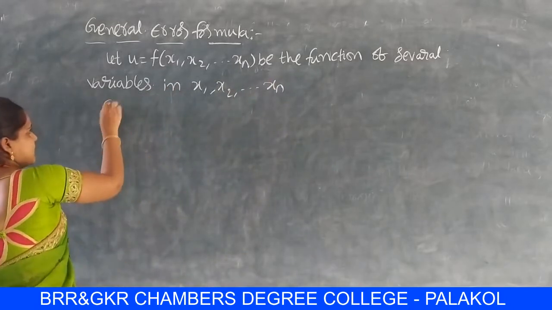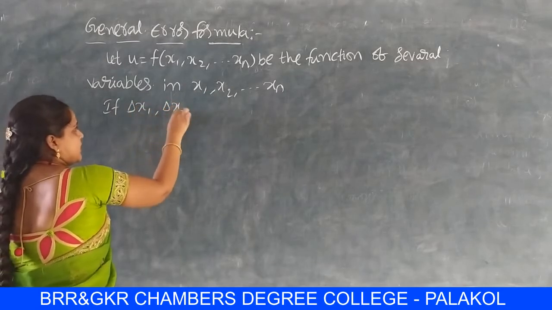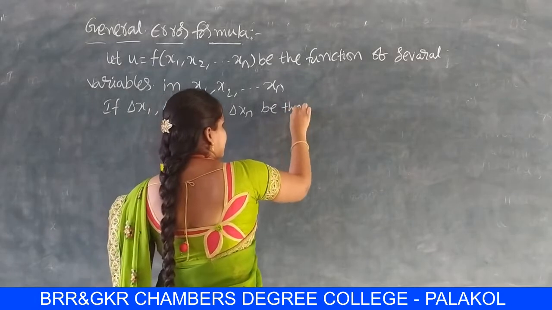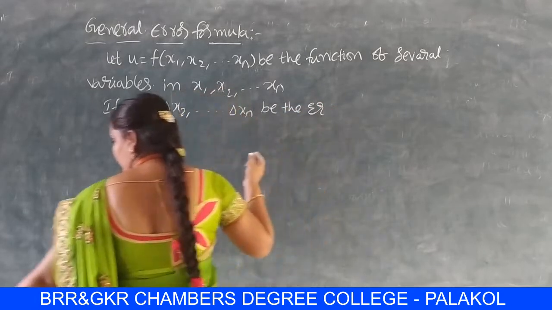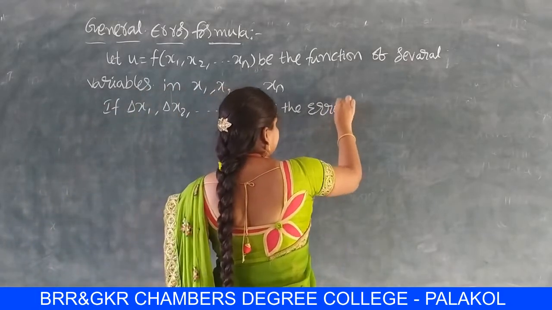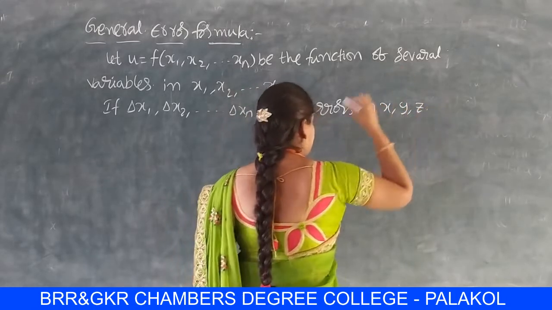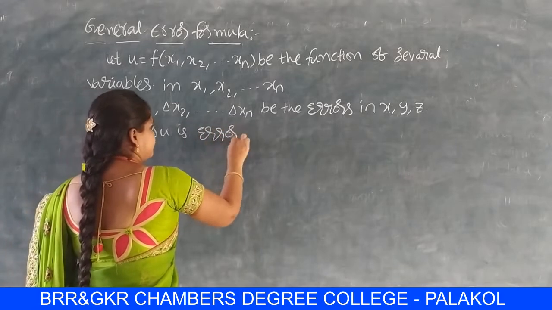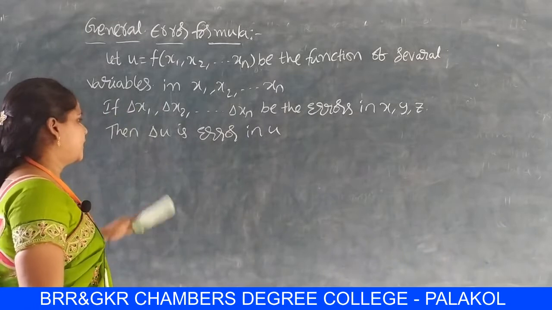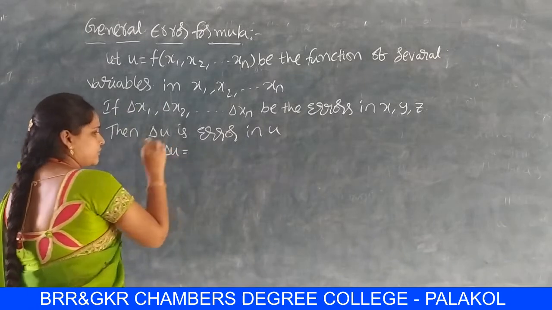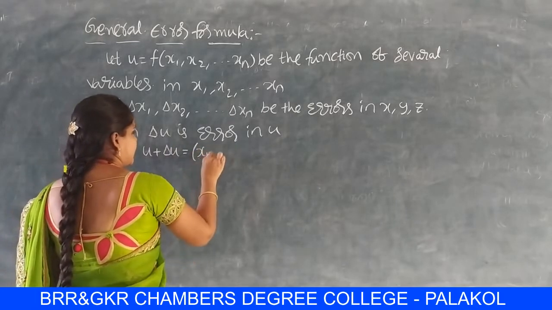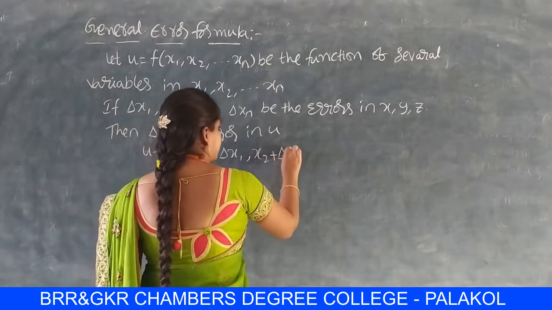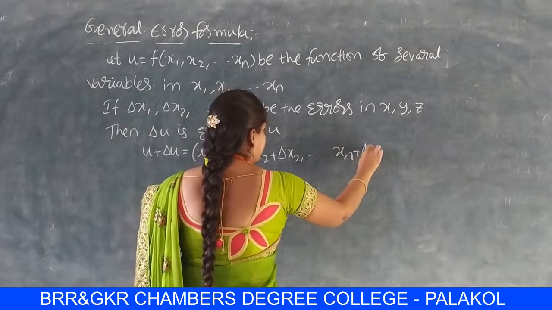Now, if delta x1, delta x2, and so on delta xn are the errors in x1, x2, and so on xn respectively, then delta u is also the error in u, and now u plus delta u equals f of x1 plus delta x1, x2 plus delta x2, and so on xn plus delta xn.